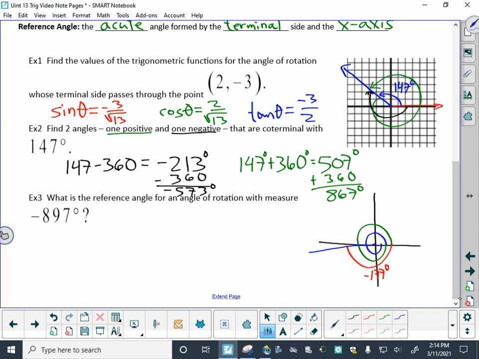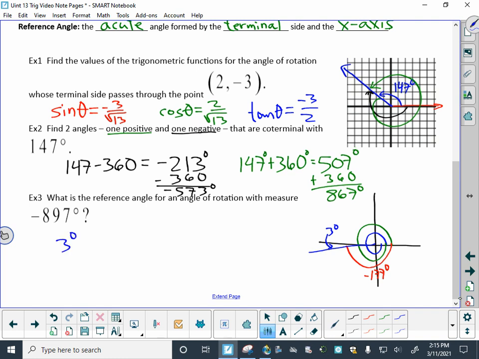And the gap that's formed by the terminal side and the x-axis is this little angle in here, which appears to be 3 degrees. So what is the reference angle for the angle of rotation with negative 897 degrees? The answer is 3 degrees.